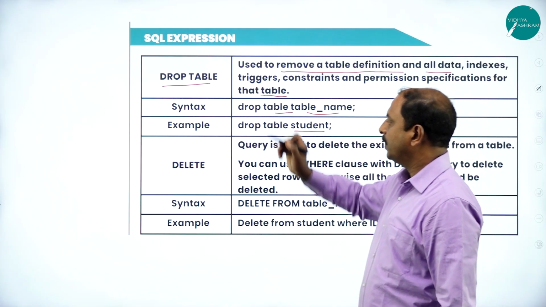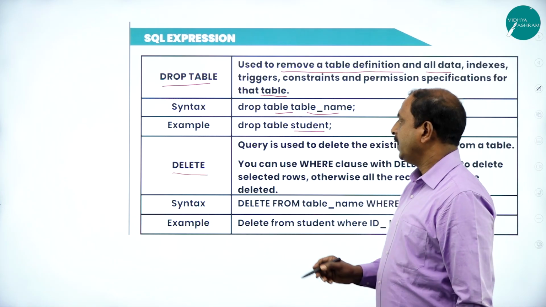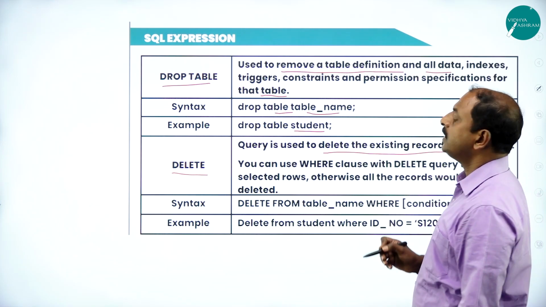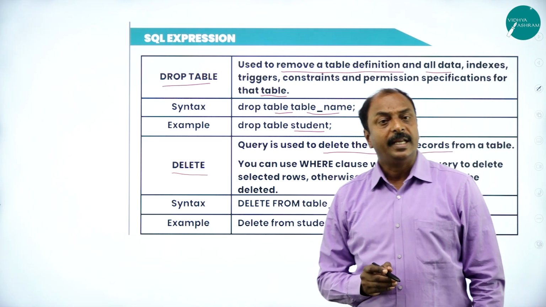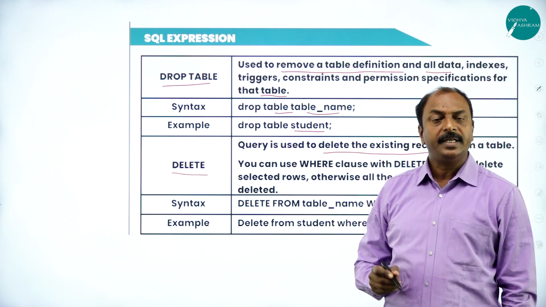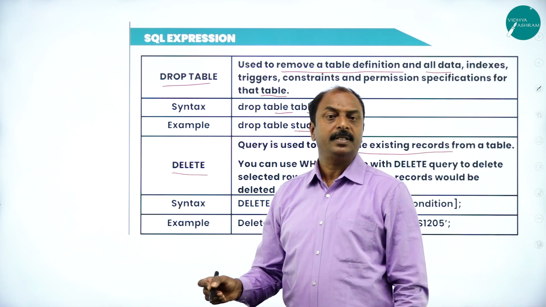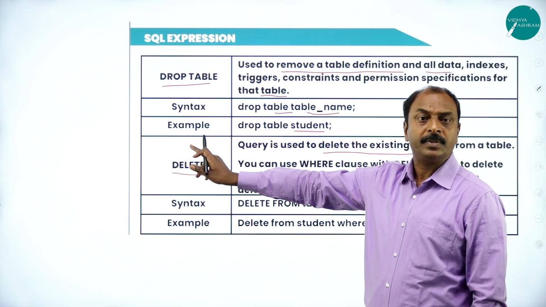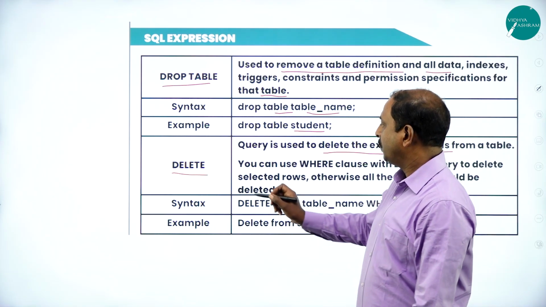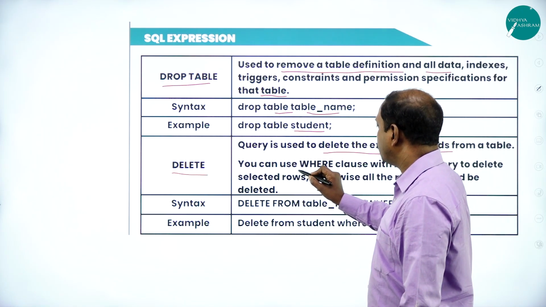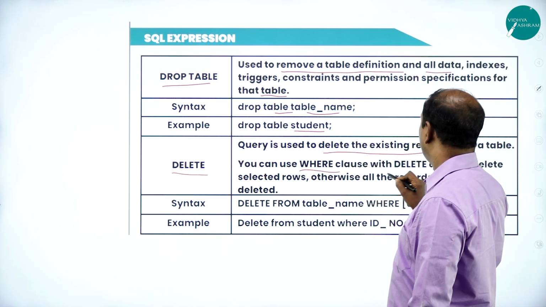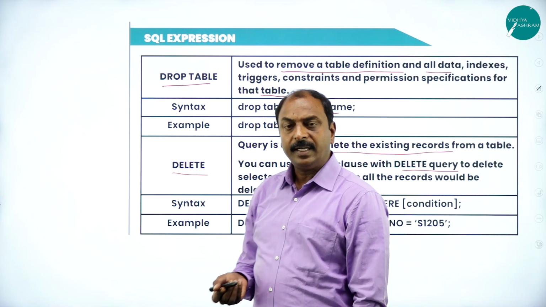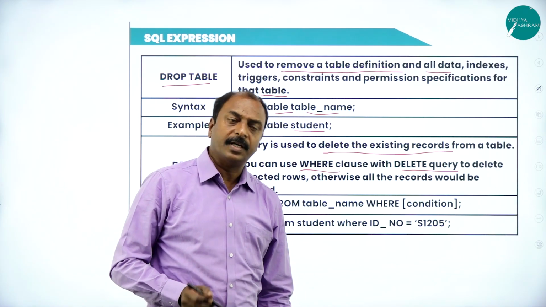So this is drop. Next one is delete. The DELETE query is used to delete an existing record from the table. Here the delete command is used to delete a particular record from the table, whereas the drop command is used to delete the entire table from the database. Here also we can make use of the WHERE clause with the delete query. With the help of the WHERE clause, we can delete the record as per our requirement.